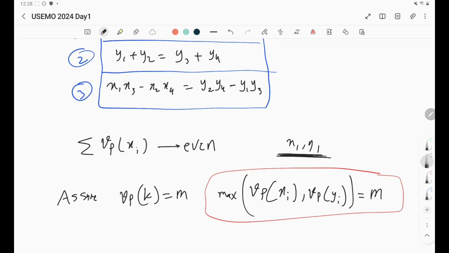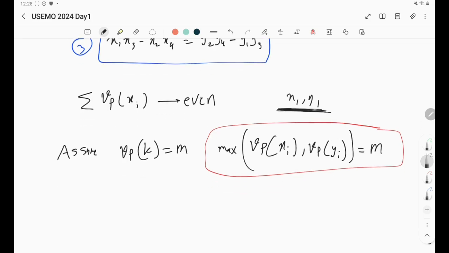Okay. So in fact, we kind of know these. Many of them are m, but for those that are not m, the VP of the y's is actually m. So yeah, keep that in mind. Either the VP of x is m or the VP of y is m. So now we can just discuss some cases.